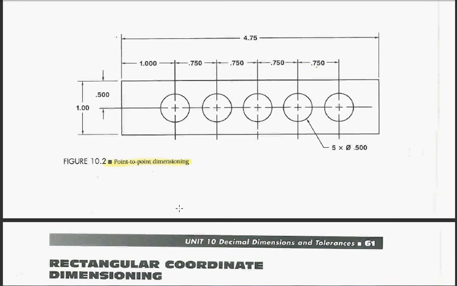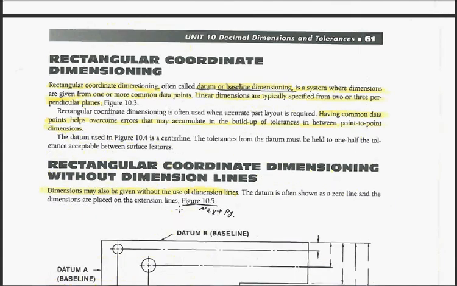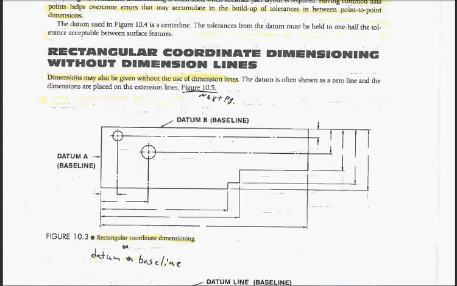A way to get around that is to come in and do what we call baseline dimensioning or datum dimensioning. Okay? That means every hole comes off of the same edge or the same reference point. If you notice, every dimension comes off of this left end of the piece. Regardless of where this hole here is going to be placed in relation to that end, we do not have tolerance buildup.